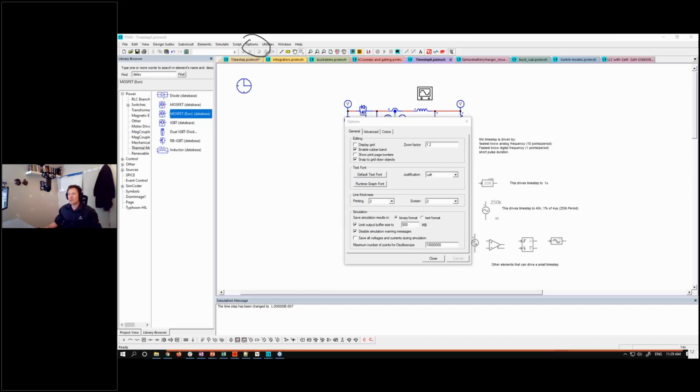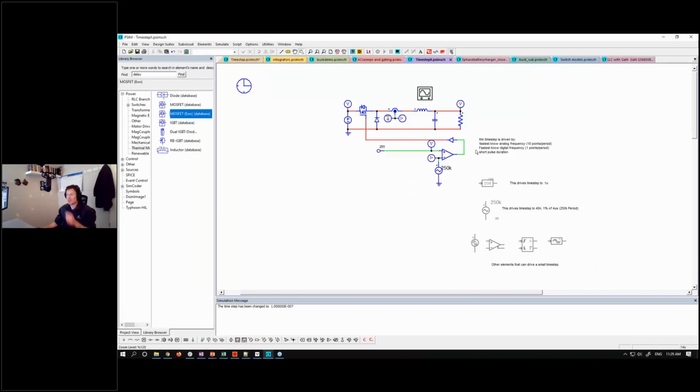If you go up to options, you have this option to save all voltages and currents in the simulation. I don't recommend doing that when your simulations get large, because you'll start to run out of points, or it'll drive a very large results file and the simulation will start to slow down.